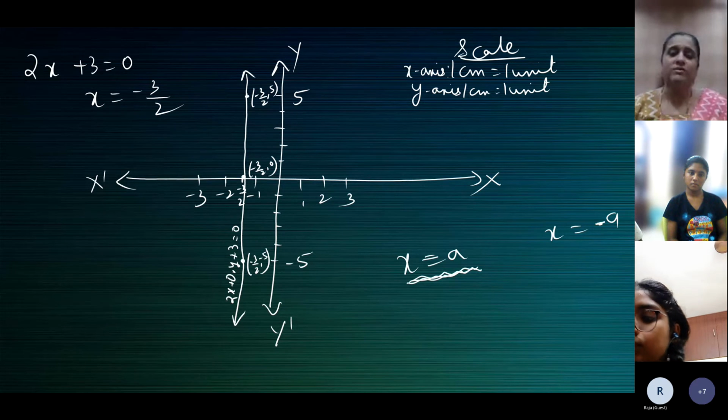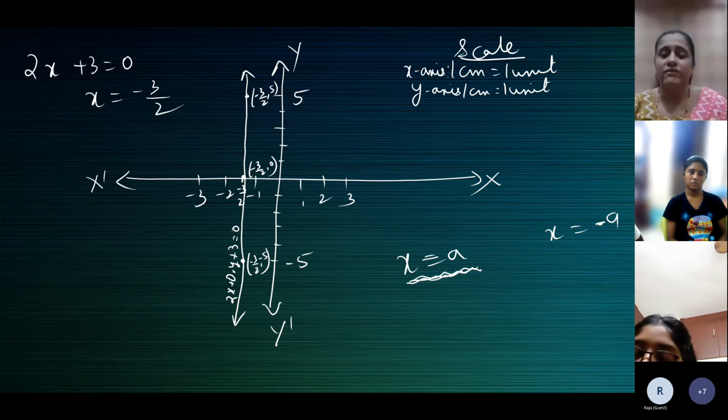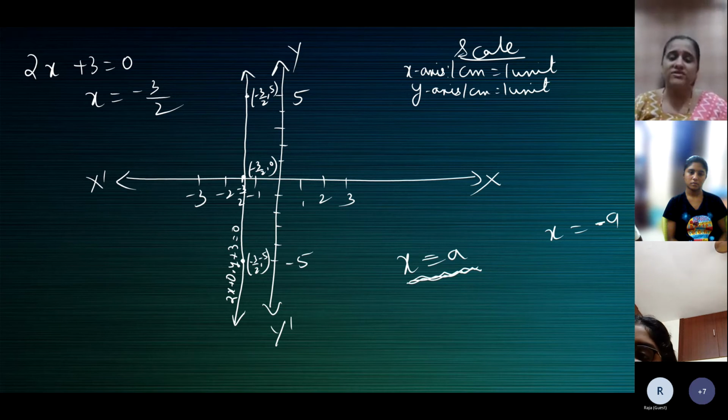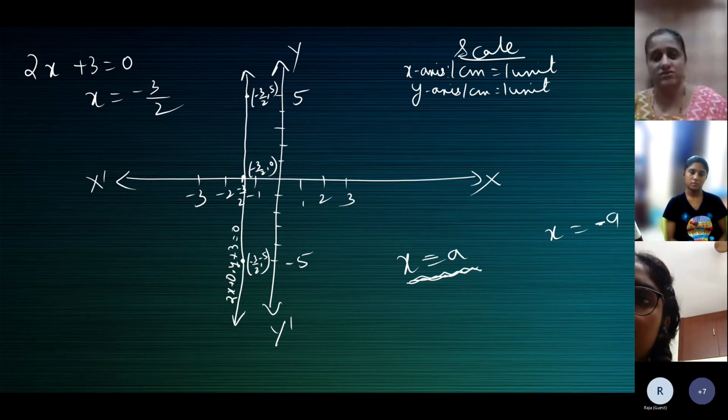You have to treat it as a linear equation in two variables x and y. Then when you make the graph, the line will be parallel to the y-axis.